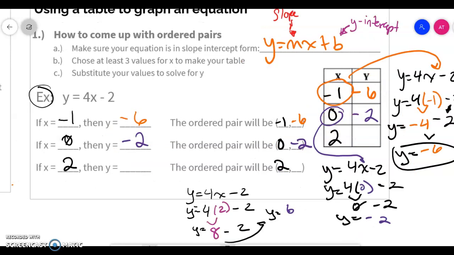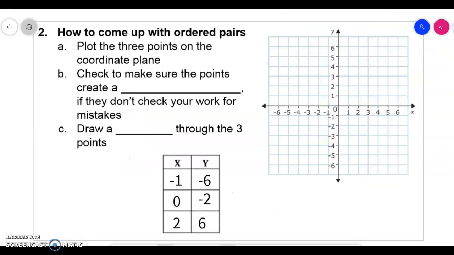Alright, so at this point you should have solved it and you should have gotten 6. So at 2, my y is going to be 6. Now let's go graph it, see what it looks like. So we're going to plot our 3 points on our coordinate plane. Remember, x is first, y is second.